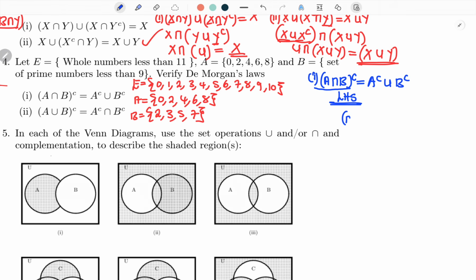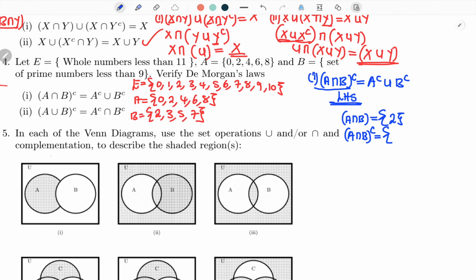We are going to start with whatever is inside. So what we have inside is A intersection B. What is A intersection B? A intersection B is going to be this particular set. What is common in A and B? It's actually just 2. Now they are saying A intersection B complement. Remember, in the first question I had mentioned, complement means outside of. In other words, just remove 2 and get whatever remains in the universal.